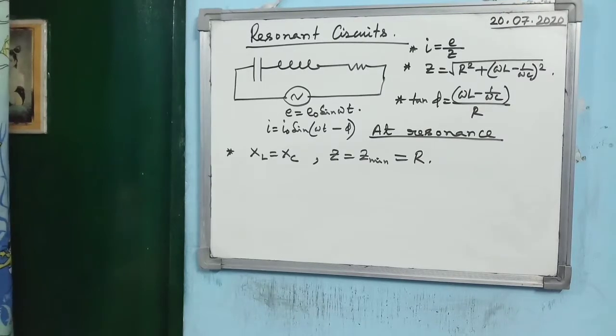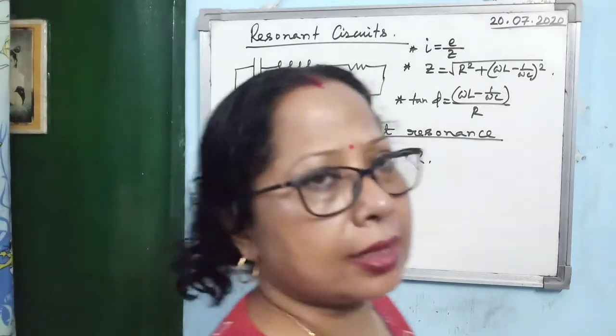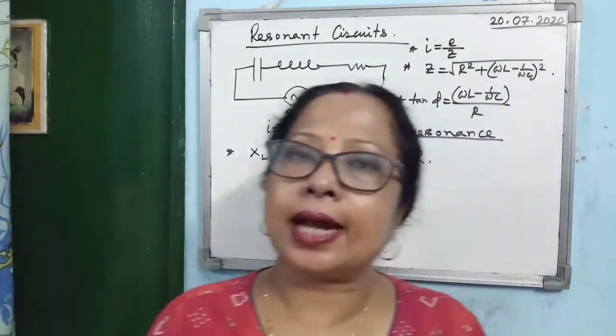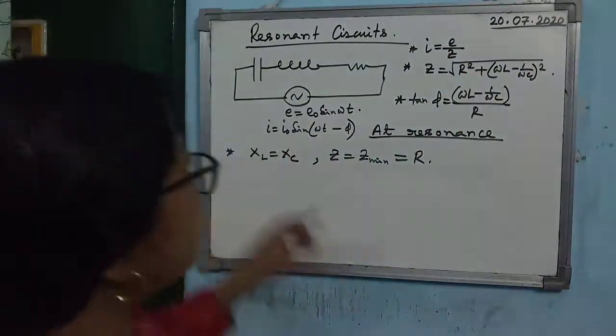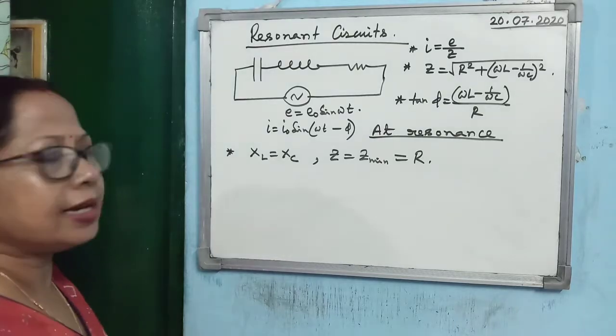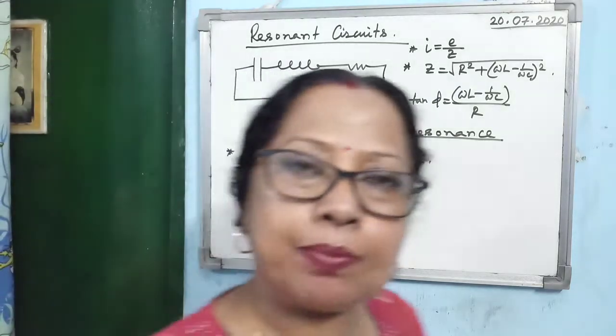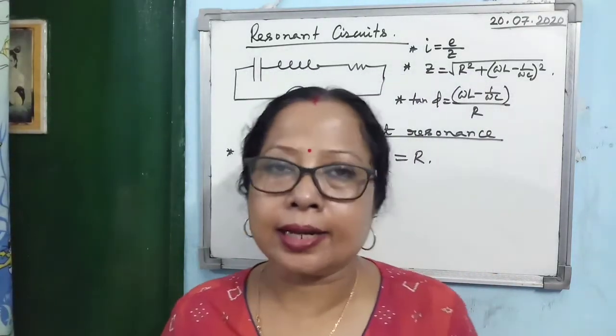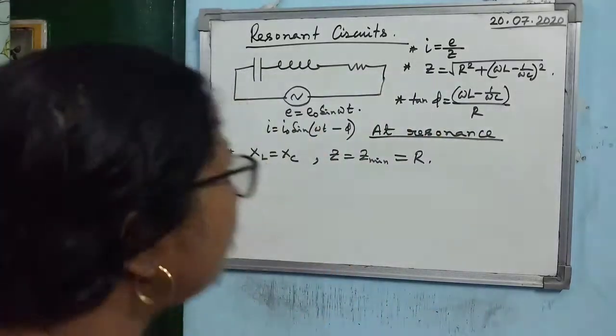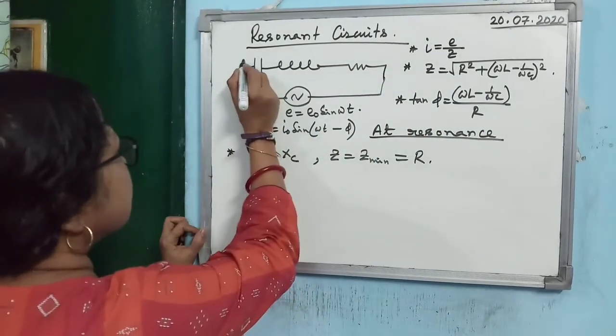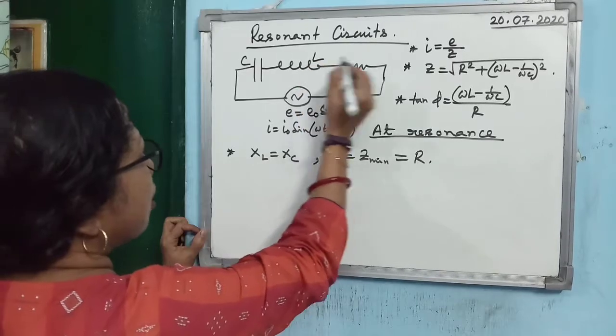Now next one is resonating circuit, resonating electrical circuits. Alright, now we have already studied that LCR circuit, and here we are considering the series resonance circuit. There may be a parallel resonating circuit, but that part is removed from the portion, so I am discussing only the series resonating circuit.